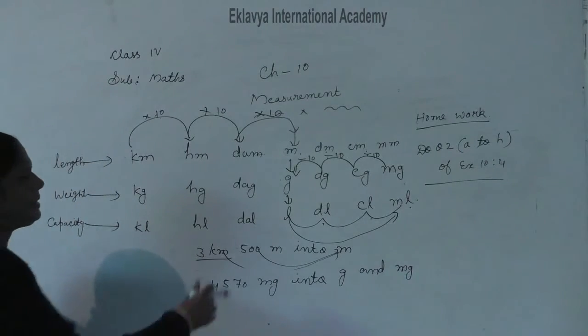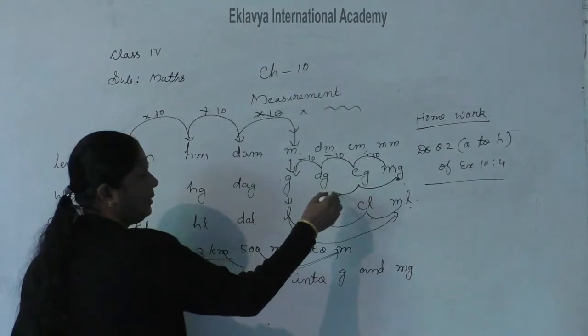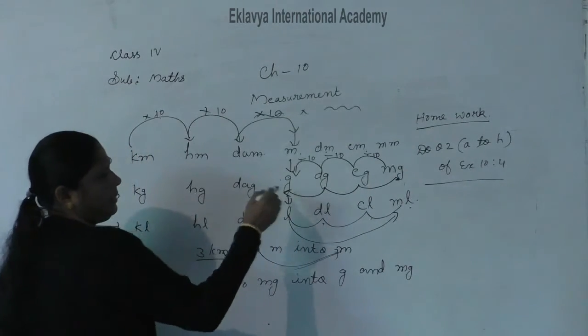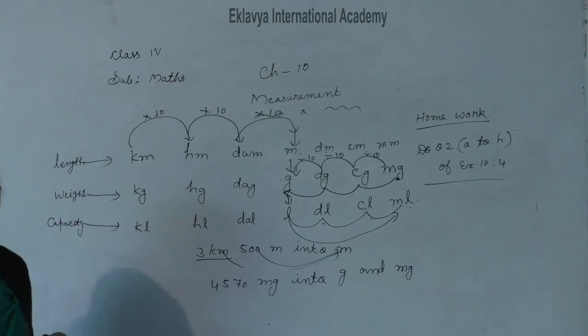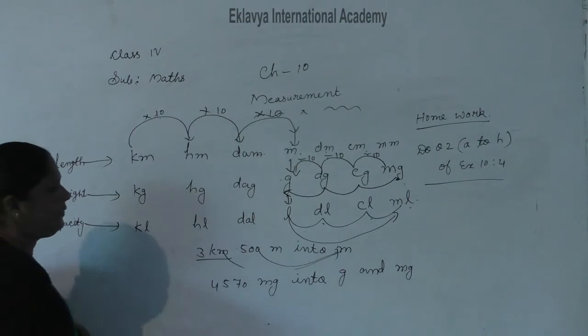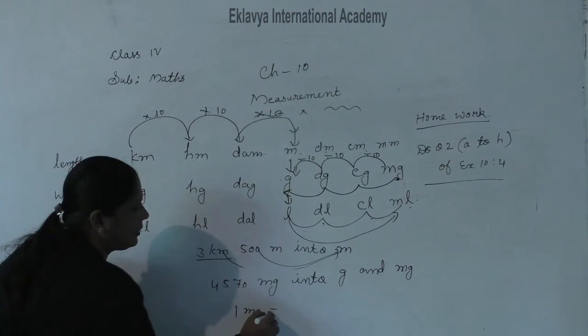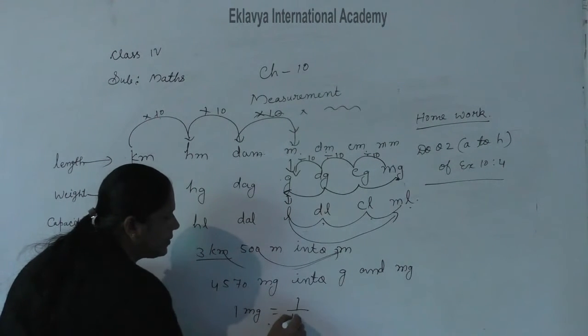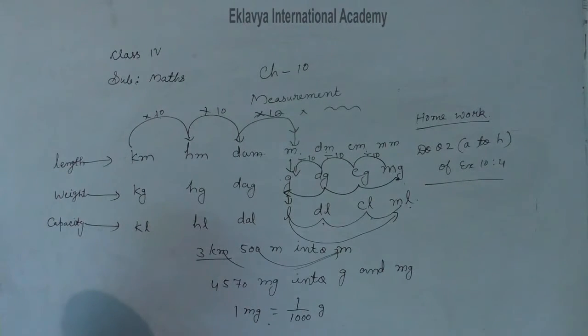Here mg, this is our mg. We go 1, 2, 3, three steps, smaller to bigger, so we divide. First we write 1 mg is equal to 1 upon 1000 gram.